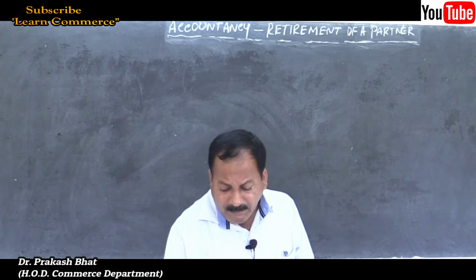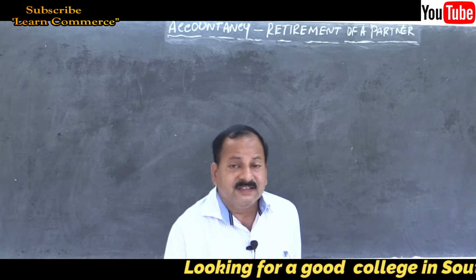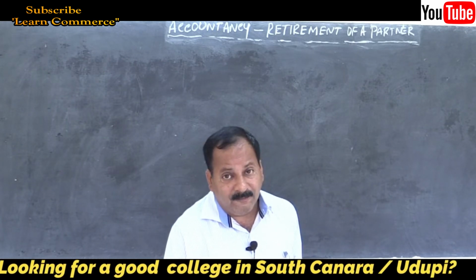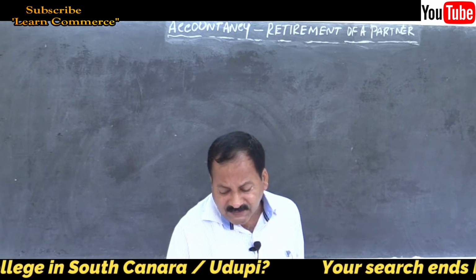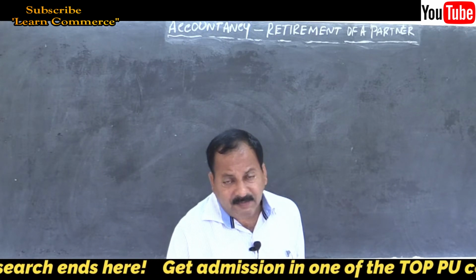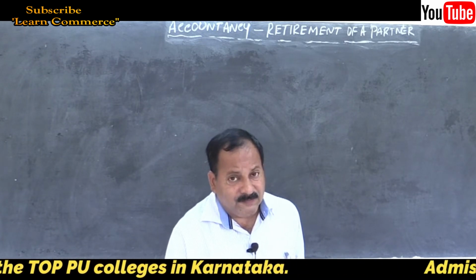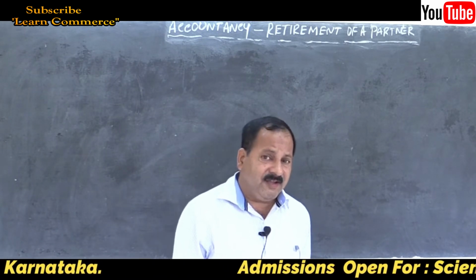Third one, patents were considered as valueless. I think we have already dealt with this adjustment in admission of a partner problem. So when patents were considered valueless, patent being an asset, there is no value for that asset. Means what? Decrease in the value of asset. Am I correct?